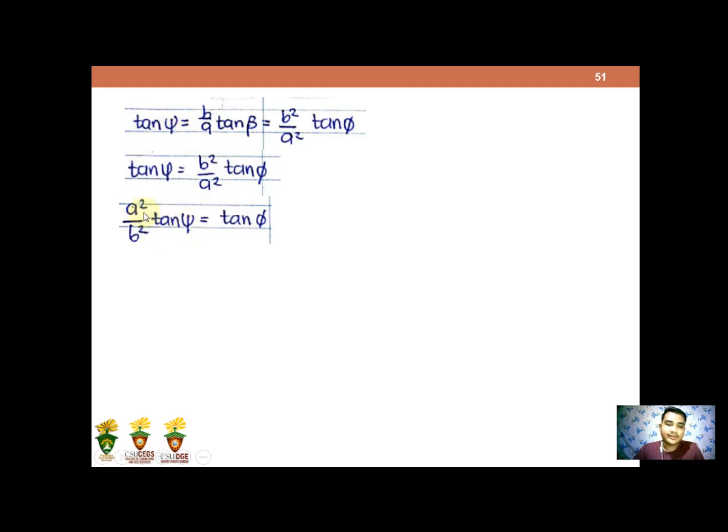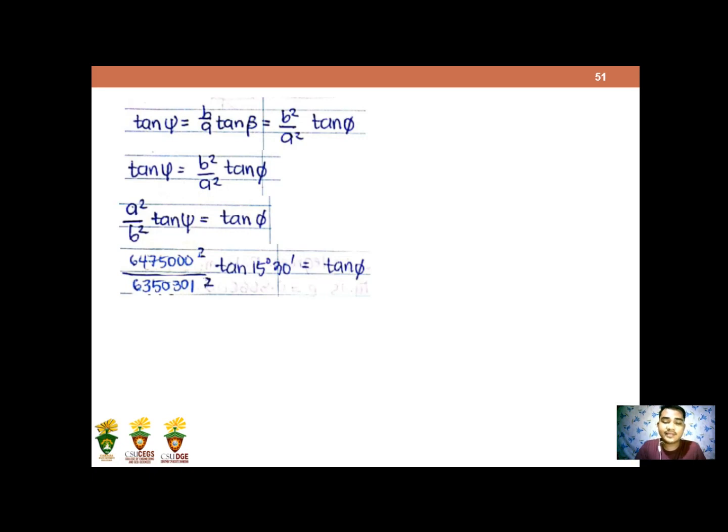So we now have the formula a squared over b squared tangent geocentric latitude equals tangent of geodetic latitude. Substitute the values of a and b: 6475000 squared over 6350301 squared, times tangent of the given geocentric latitude, 15 degrees and 30 minutes, equals tangent geodetic latitude.